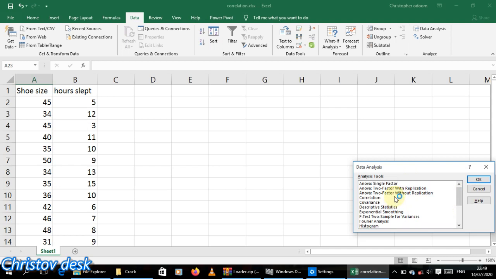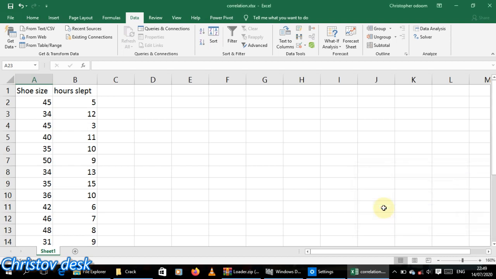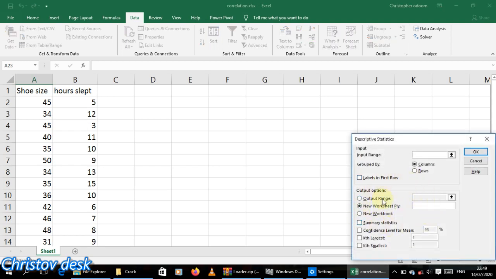There are a lot of things you can do: ANOVA, correlation, covariance. Our interest is descriptive statistics, so we select Descriptive Statistics, and it asks for the input range, the data set you want to do the descriptive analysis on.